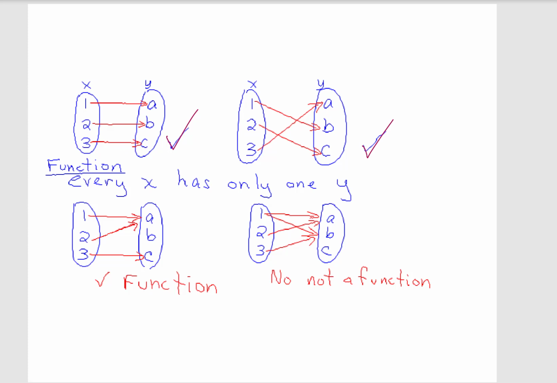And then 3 has a single y. But in this bottom right-hand corner, we don't have a function because the x of 1 has a as a y, and it also has b as a y. So the ordered pairs there would be 1a and also 1b. So the moment we have that occur, it is not a function.